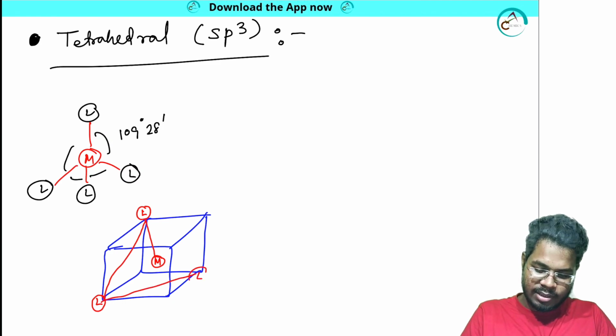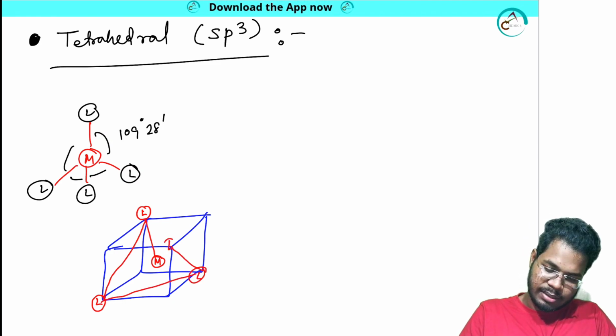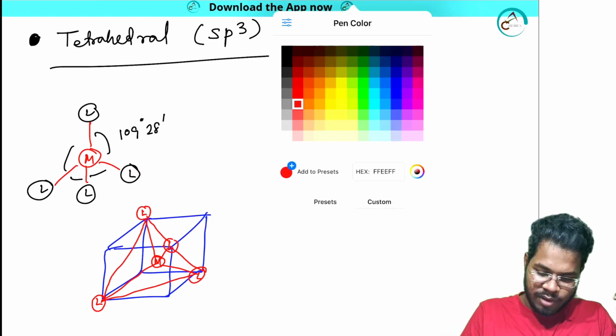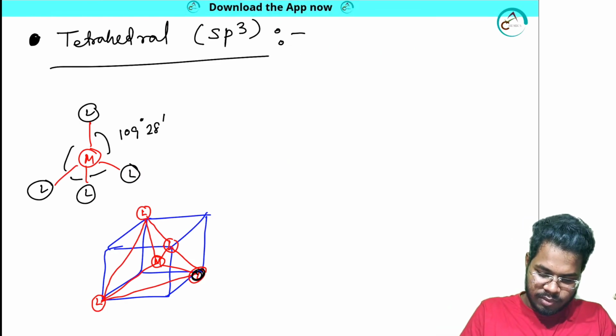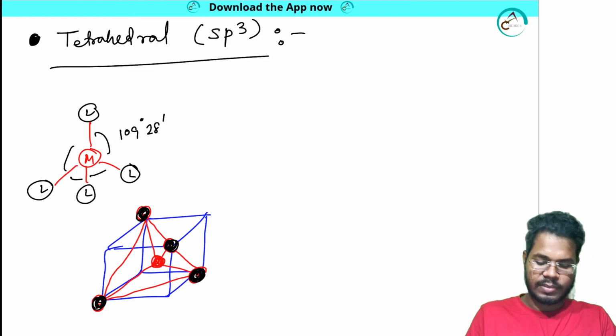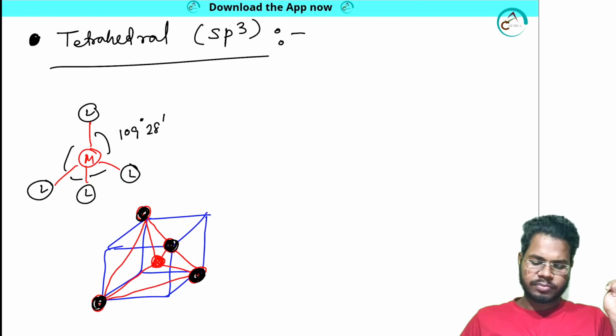Third will be like this, fourth will be like this, and each is also connected to the metal. If you take from here, you will get the first one, of course. So this is the first one, second one, third one, fourth one, and the central one is our metal. So this is our tetrahedral system.